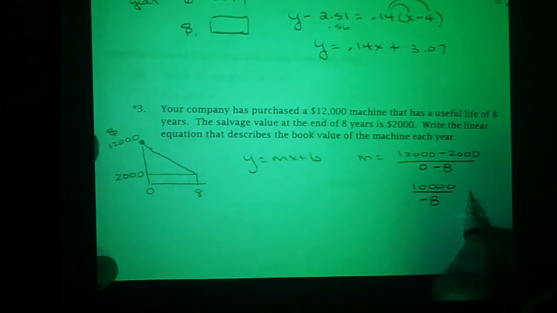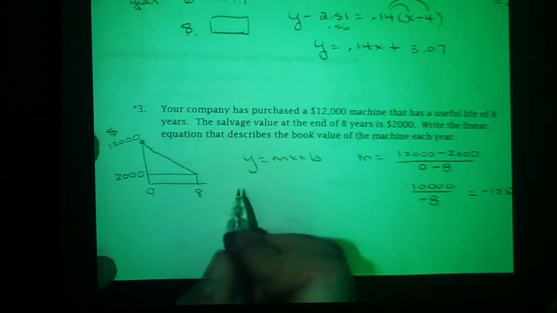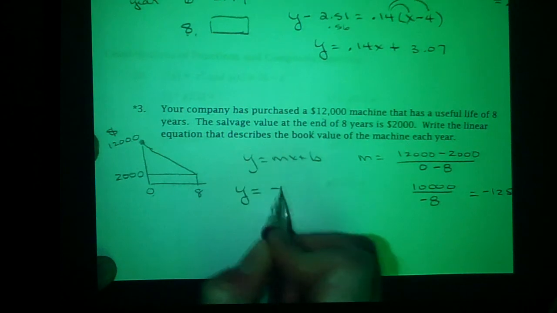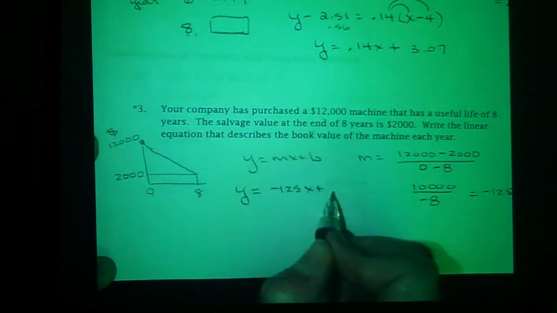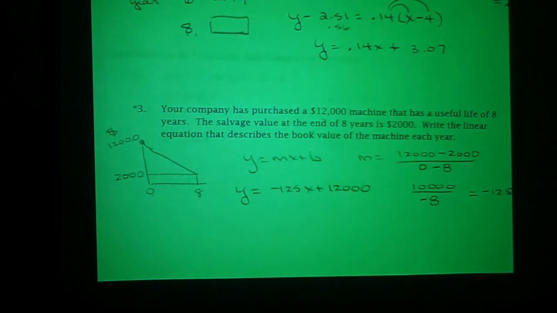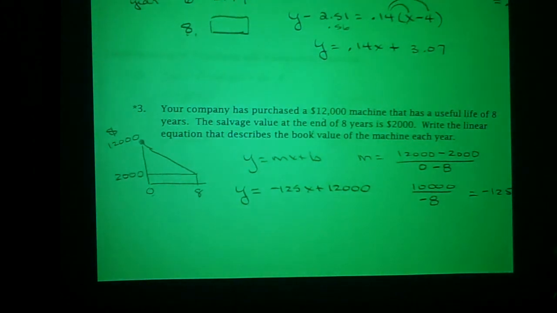So I'm going to end up with negative 125. And now my equation for my book value is that y is equal to negative 125x plus 12,000, which was my y-intercept. And so I could figure out what it's worth at any year in between 0 and 8.